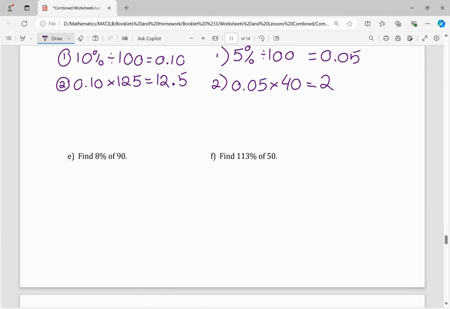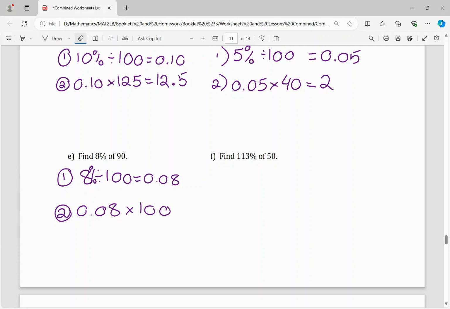Question E, find 8% of 90. Step 1, we write 8% as a decimal. That's going to be 8 divided by 100 is equal to 0.08. Step 2, we take 0.08 and multiply it by 90.